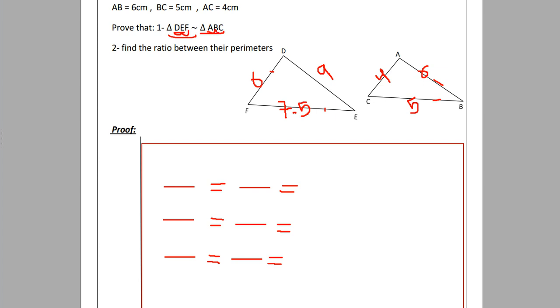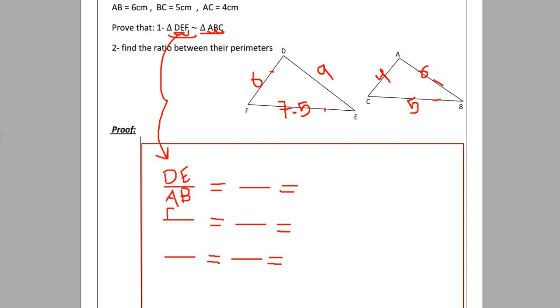So first DE. I bring these sides from here. So DE over what? Excellent, over AB, because it is the corresponding side for it. So DE over AB, I will make a ratio between them, and then EF.